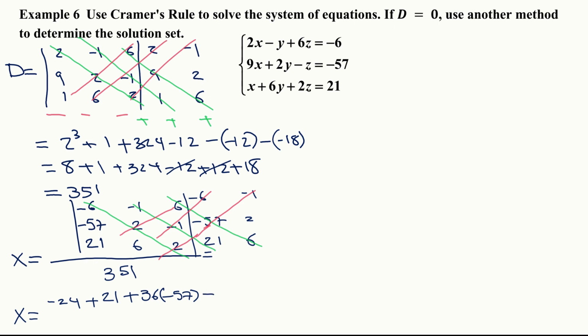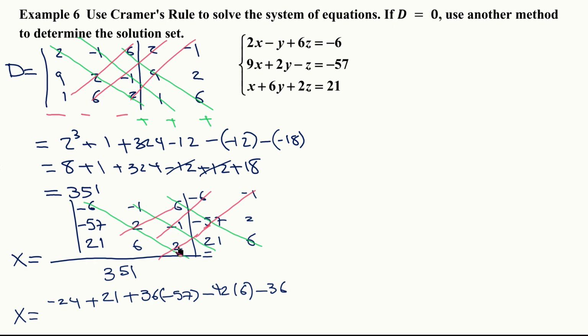And then minus this product, 21 times 2, 42 times 6. And then minus this product, which is 6 times -1, which is -6 times -6, which is 36.